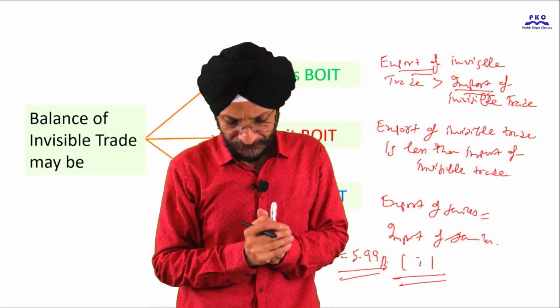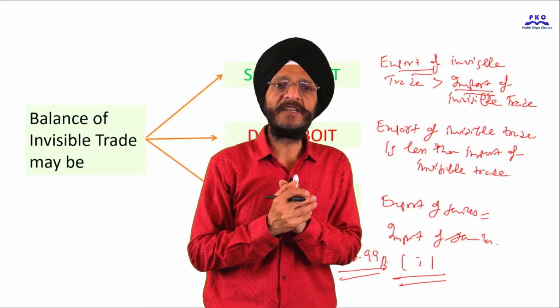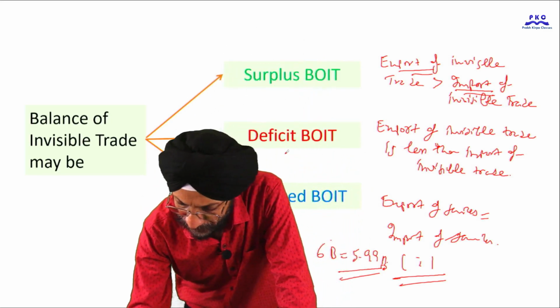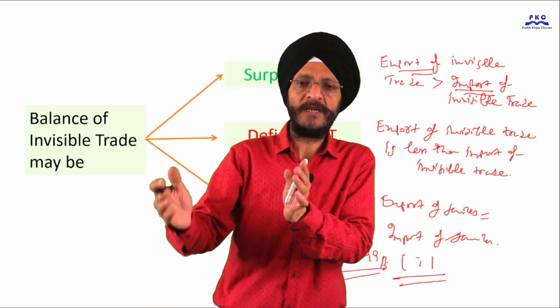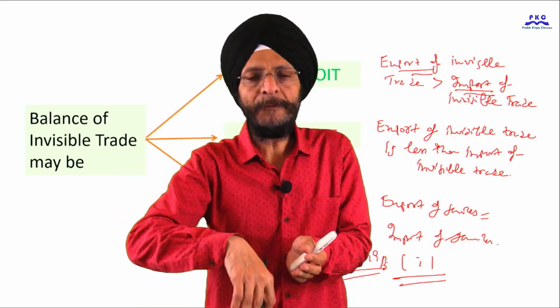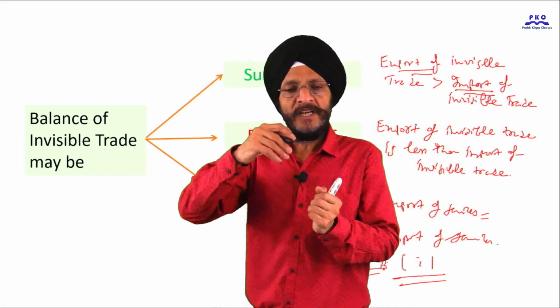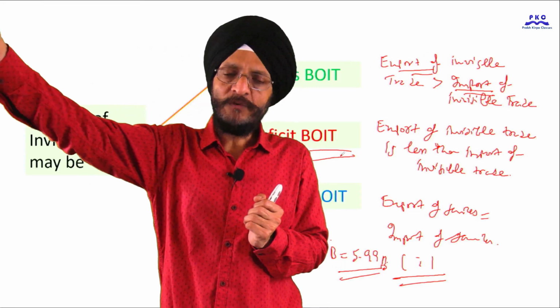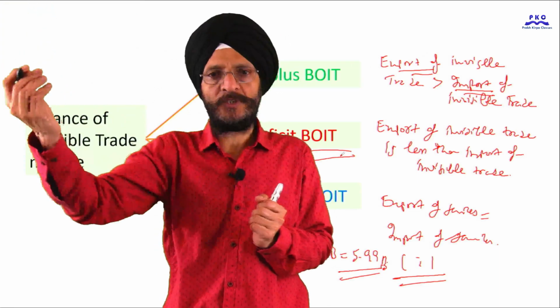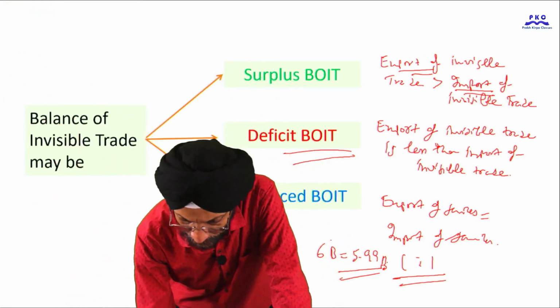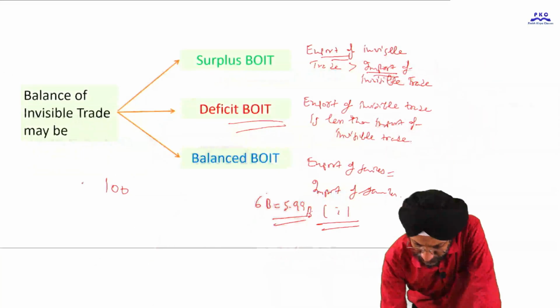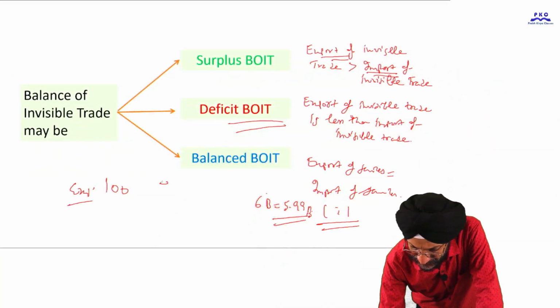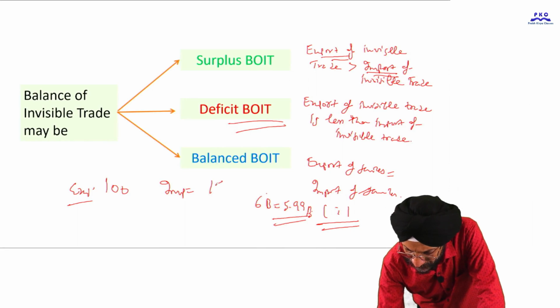On the other hand, if a country is having deficit balance of invisible trade, that is, imports are more in comparison to exports, it will have to pay foreign exchange to the rest of the world for the imports. Suppose exports are 100, whereas imports are to the tune of 150.